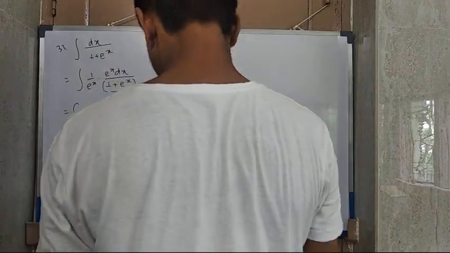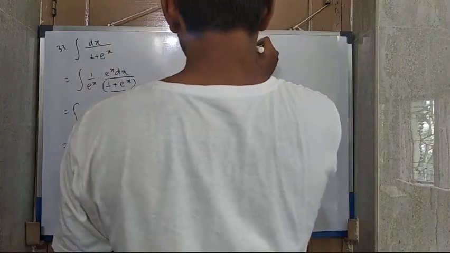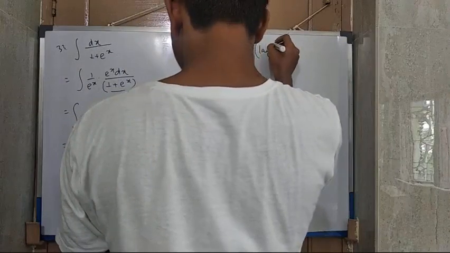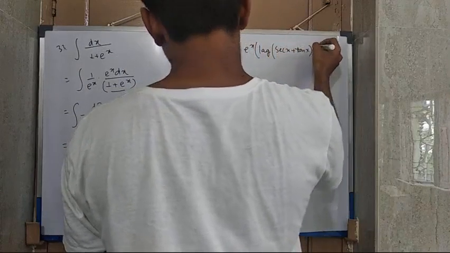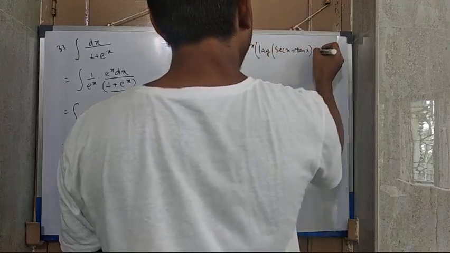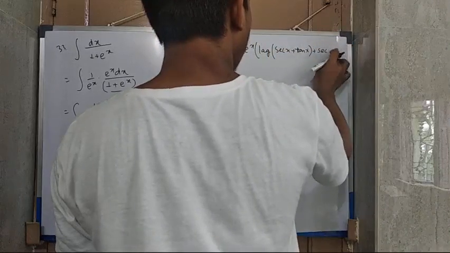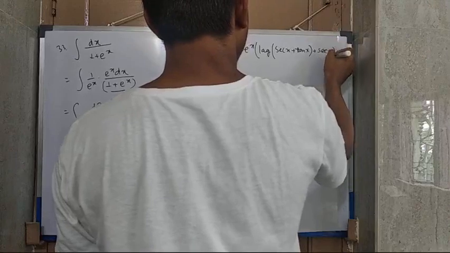This is integral e to the power x times (log of (sec x plus tan x) plus sec x) dx.